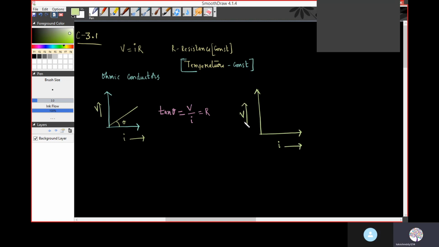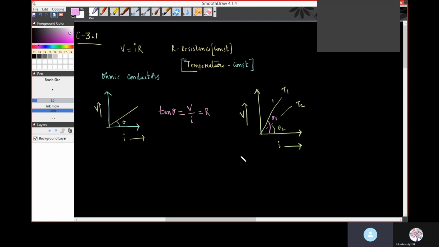At two different temperatures, T1 and T2, T2 is theta 2 and T1 is theta 1.